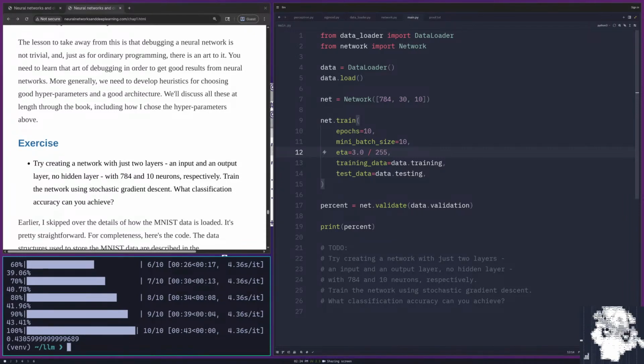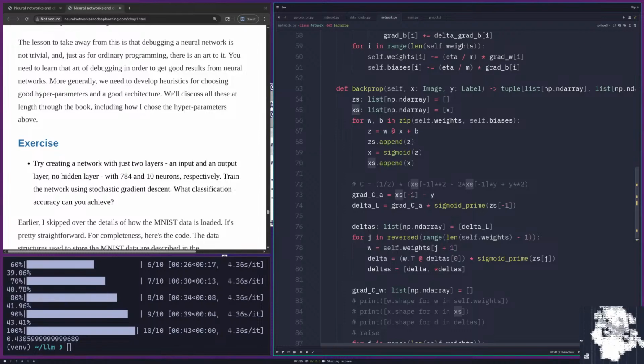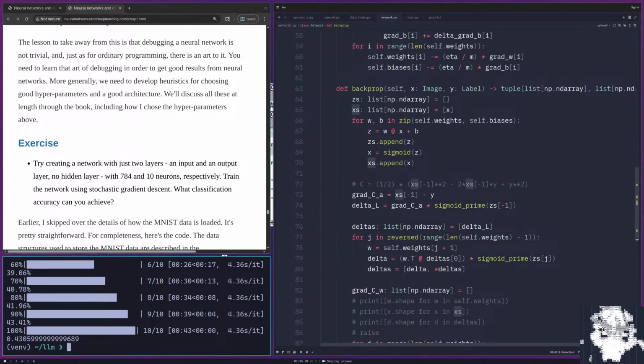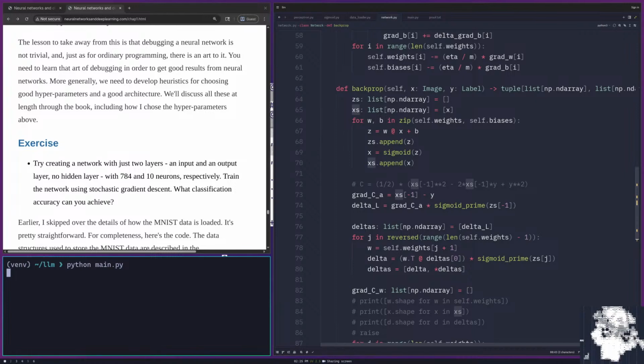If I make sure that the input is scaled to between 0 and 1, same as the output of all the other sigmoids, then I can scale them at the same rate. I'm guessing there's something like that happening. So let's go to the data loader, let's divide it by 255. Let's be really thankful that I just happened to think of that before wasting too much more time.